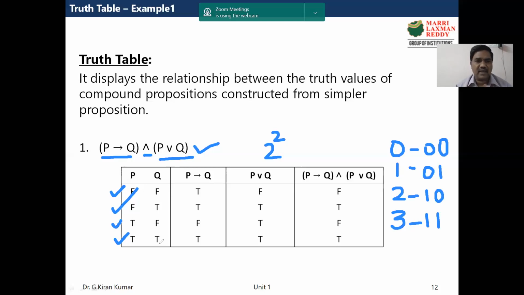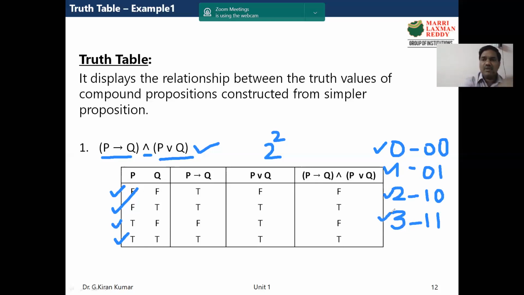Don't take them in a zigzag or random way. Please follow a systematic order, the same one we follow for representing the equivalent binary numbers for the decimal numbers.